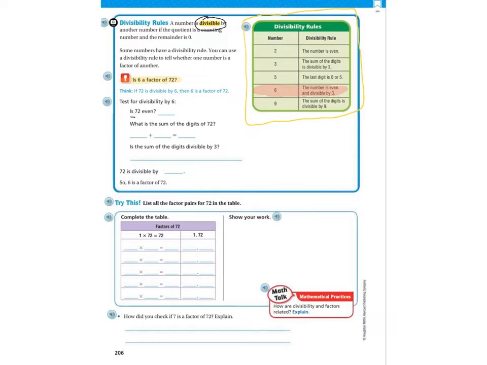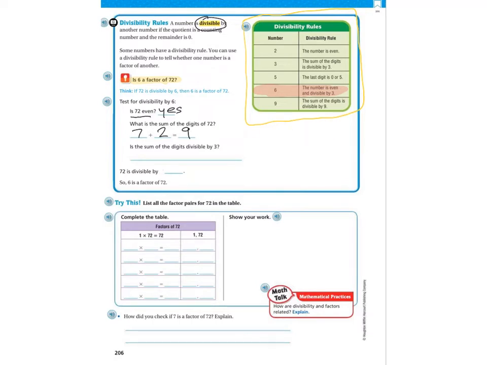Is the number 72 even? Sure it is. Now, what is the sum of the digits in 72? What I mean is I have 72, and I'm going to break it apart into 7 plus 2. So 7 plus 2 equals 9.